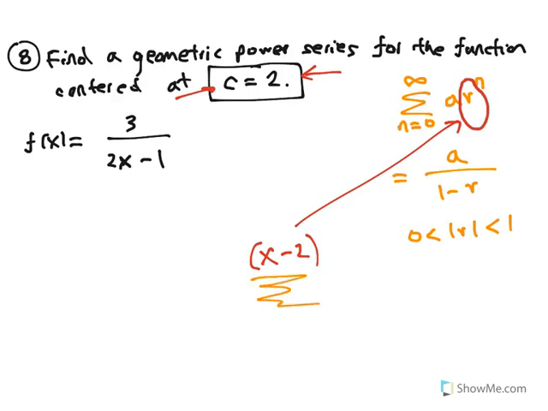So you've got to have something like this for the common ratio so that you will have a geometric power series for this function that is centered at 2. So what do we need to do to make that happen? Well, we've got to somehow sneak that in there by doing algebraic manipulation.